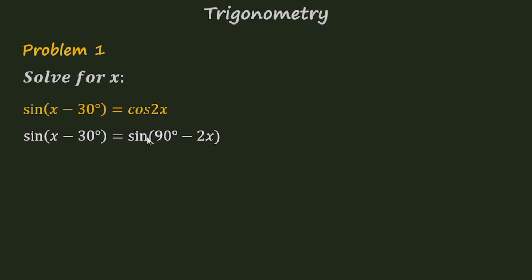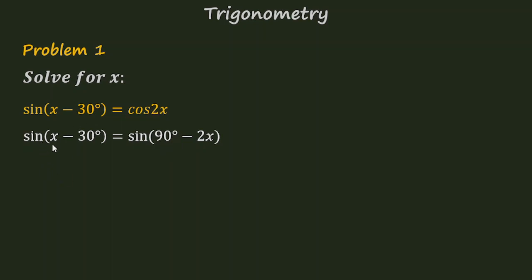Remember, the cos of 2x is the same as the sine of 90 degrees minus 2x. If we use our knowledge of the reduction formula, this is in the first quadrant where sine is positive and it changes to its co-function, so we can reduce it to cos 2x.